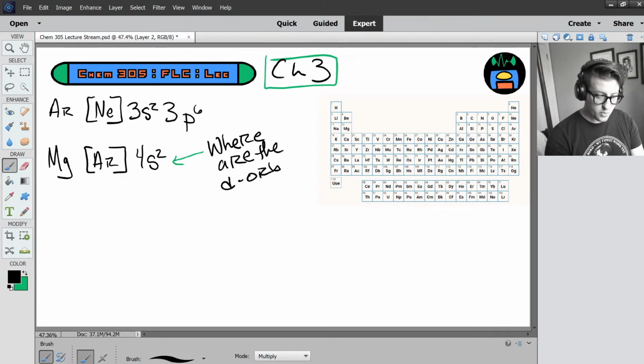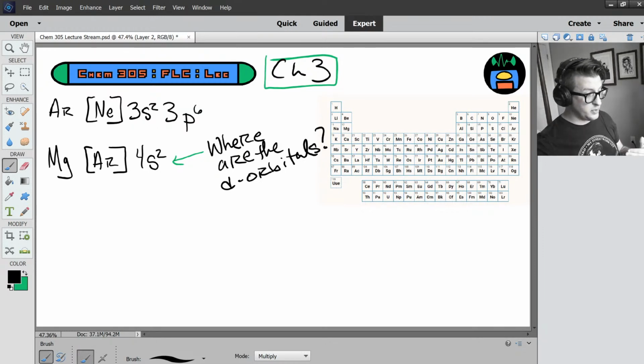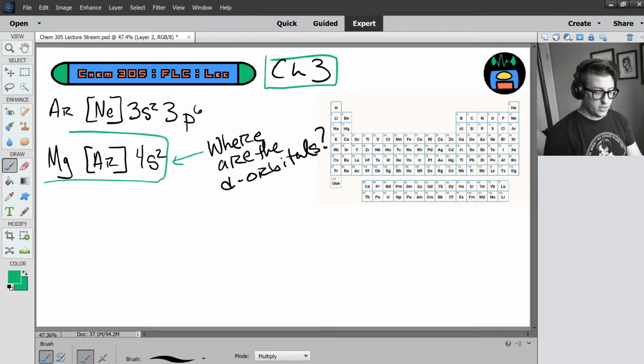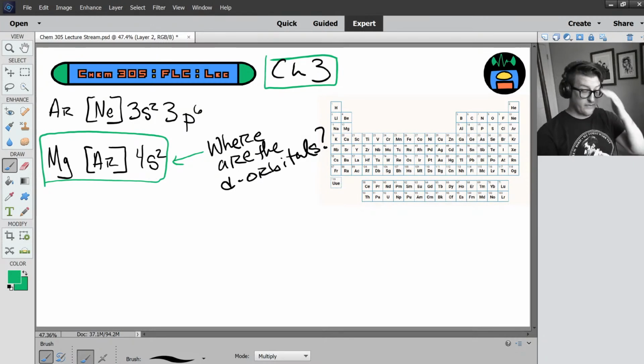Where's the d subshell? We know that the d subshell becomes available in the 3rd shell, right on the 3rd energy level. But yet, with the electron configuration for magnesium, we fill the 4s subshell while we still have an empty d subshell, and we asked why that is.